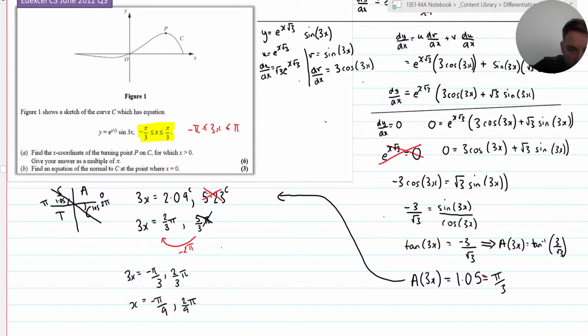Just going to check that before I carry on. That's 6 marks. That's a lot of big marks there.